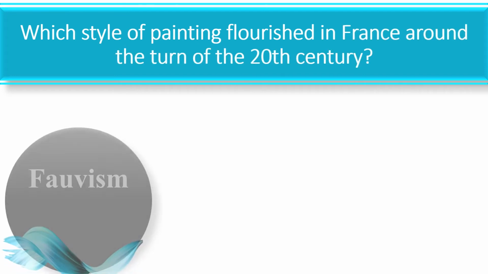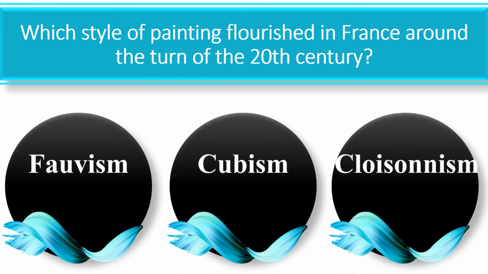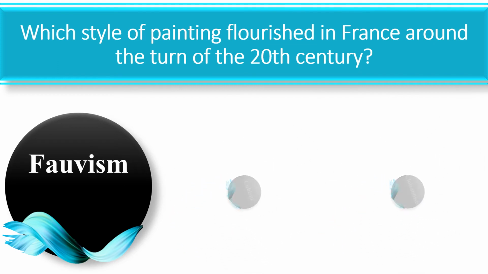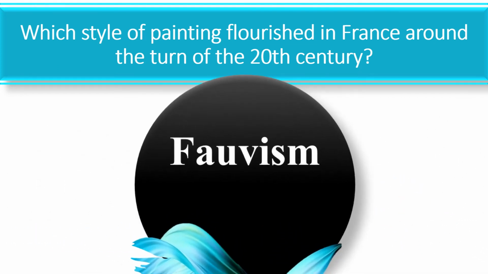Fauvism. Cubism. Cloisonnism. Fauvism. Fauvism, style of painting that flourished in France around the turn of the 20th century. Fauve artists used pure, brilliant color aggressively applied straight from the paint tubes to create a sense of an explosion on the canvas.